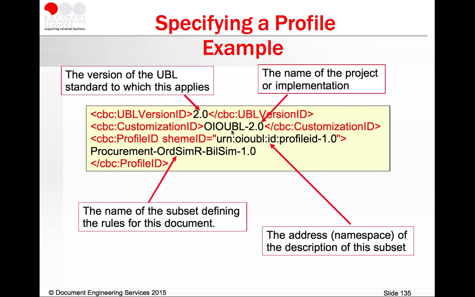In this case, it's the OIO UBL version 2 customization. And that contains many profiles, including this one, which is the order simple, billing simple profile. It has a code or a URI that points to the documentation of this.